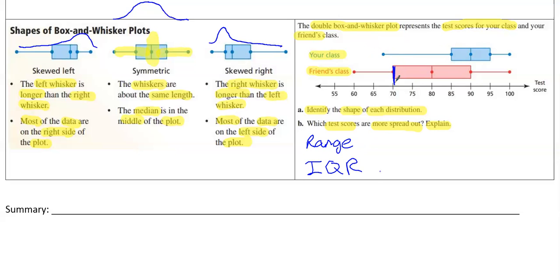Even using the IQR, you can see that the range of your friend's class test scores is greater than the range of your class test scores. You could calculate about what that'd be: 95 minus 85, so your IQR is about 10, and your friend's is 90 minus 70, about 20. And so you can see, oh yeah, your friend's is definitely more spread out.